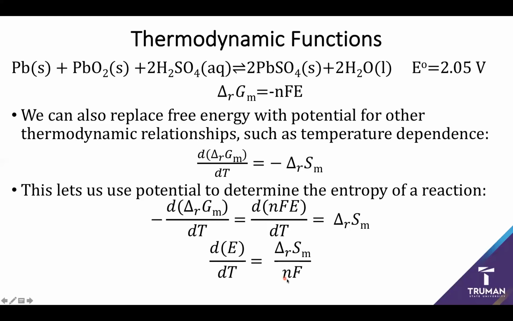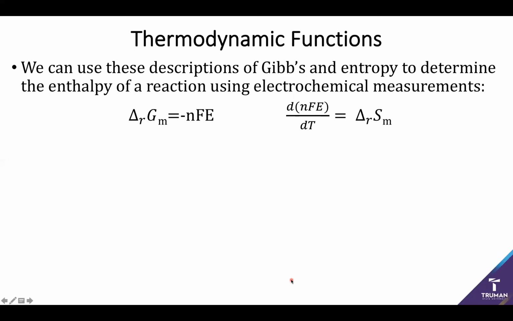Again, once I account for the stoichiometry and unit conversion. So doing that, I end up determining two of my three thermodynamic functions. I can quickly measure my Gibbs free energy of reaction and my entropy of reaction. That only leaves me with one thermodynamic function left, and that would be enthalpy.